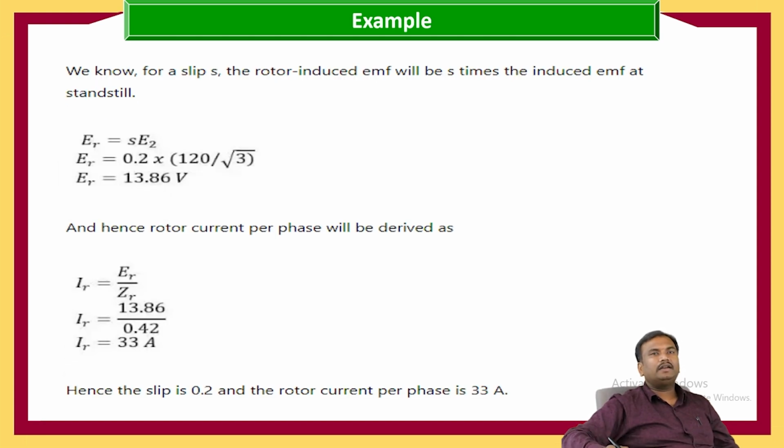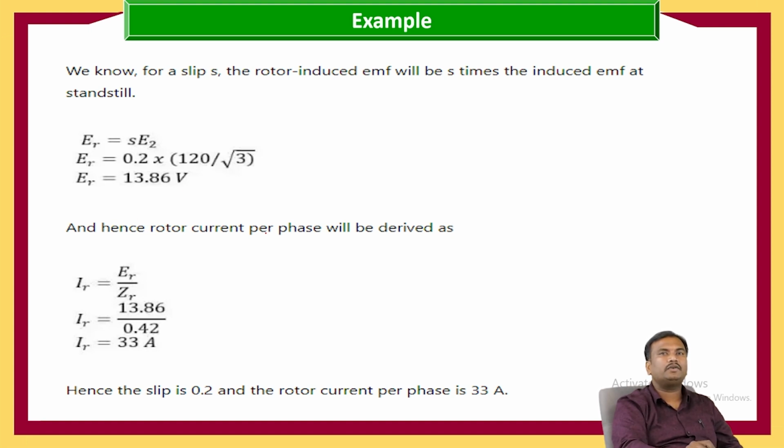After this, we need to calculate the rotor current. For calculating rotor current, we need the rotor voltage. We know that for a slip S, the rotor induced EMF will be S times the induced EMF at standstill. So ER is equal to S into E2, that is 0.2 into 120 by root 3, which is equal to 13.86 volts.